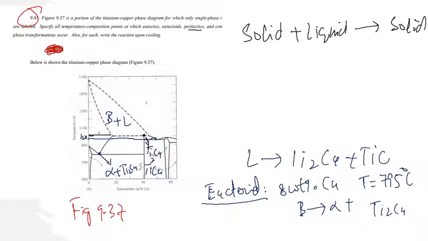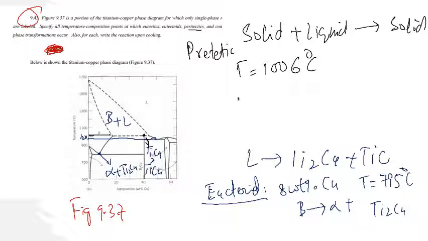So our temperature for the peritectic is almost 1000 and just above. I will write 1006 degrees centigrade. What is the reaction?